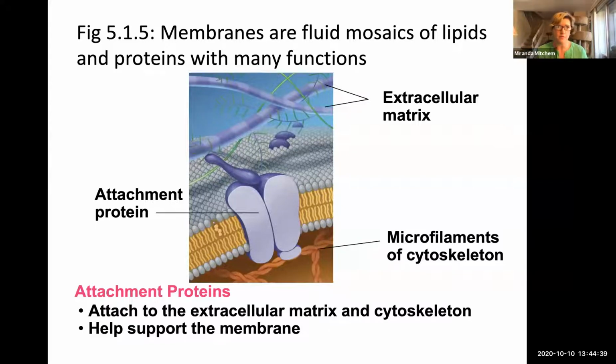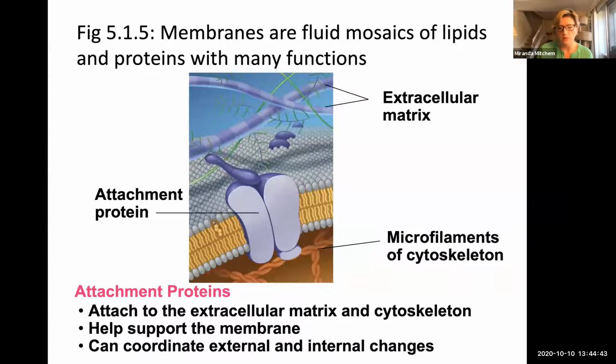Since they span the membrane and interact with both the extracellular and intracellular environments, they are often involved in sensing and coordinating responses to changes between the inside and the external environment.